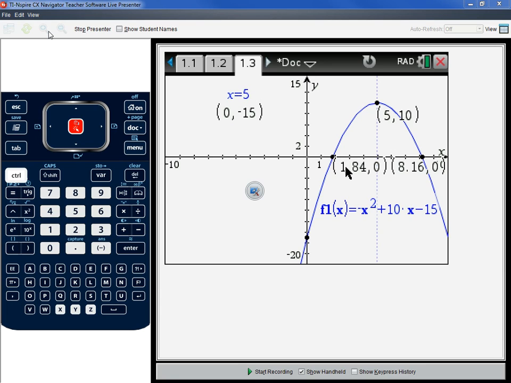I have my roots at 1.84 and 8.16. And I have my vertex at 5, 10.